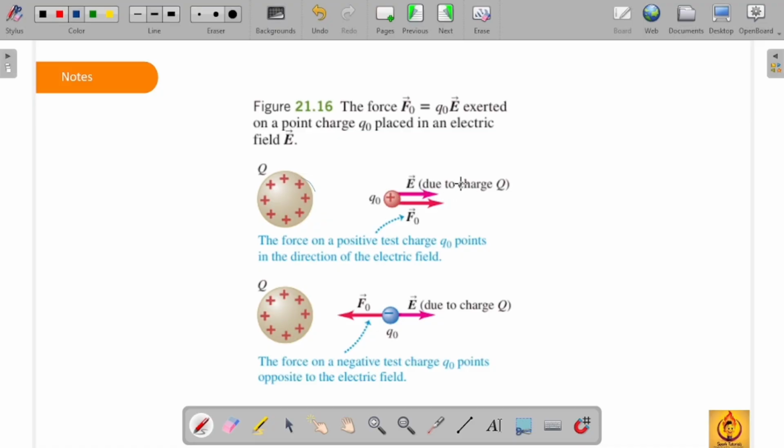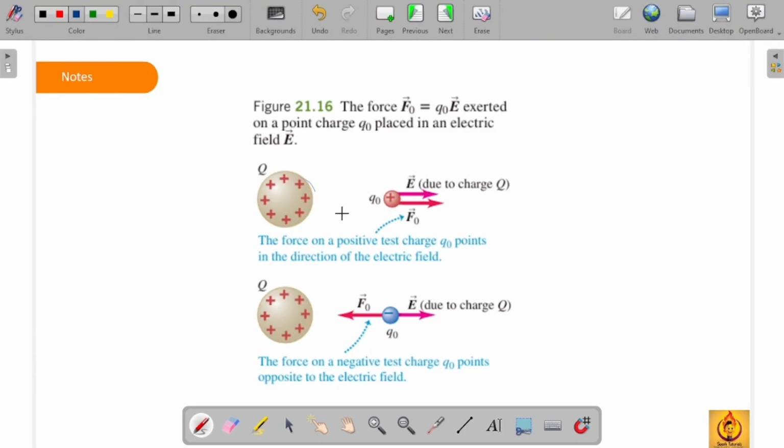This is to say, if the electric field, okay, before I move on, the electric field is usually from positive to negative. So if now your charge is a positive charge, the force is in the same direction as the electric field.